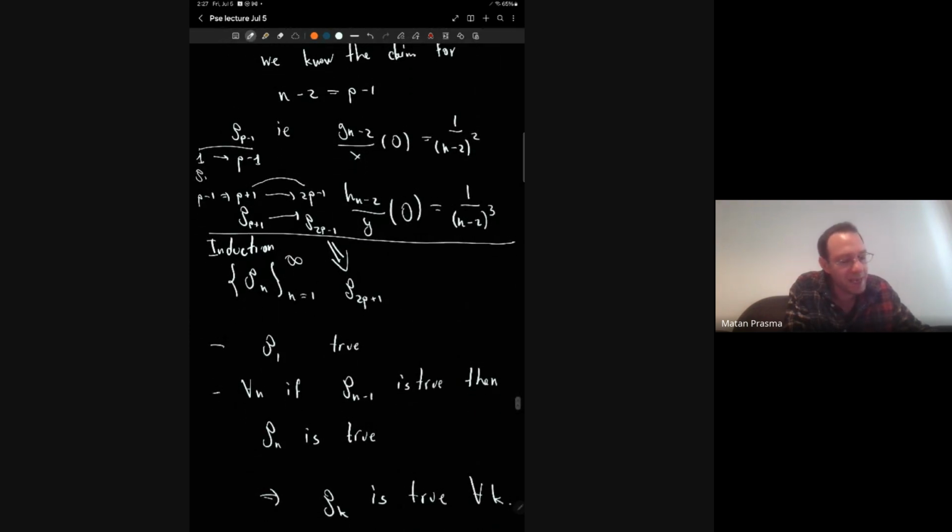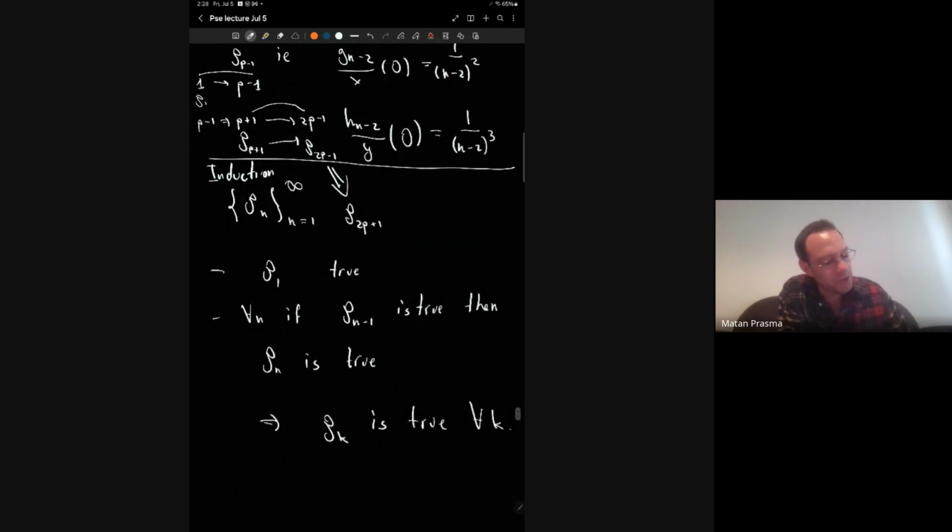There are various versions of induction for collections of statements that are not so easy to prove with standard induction.